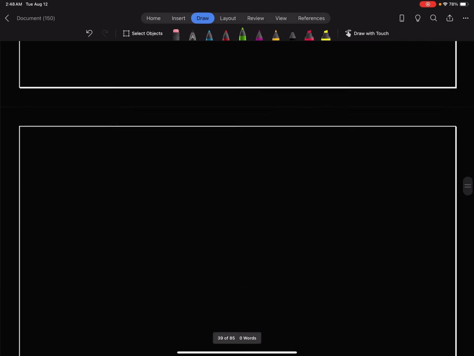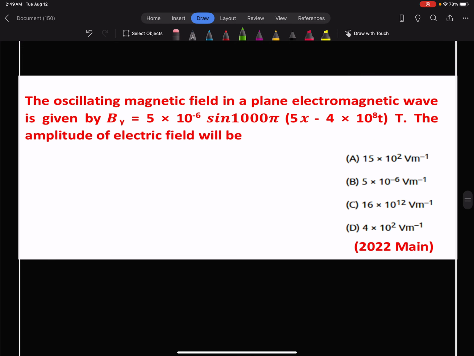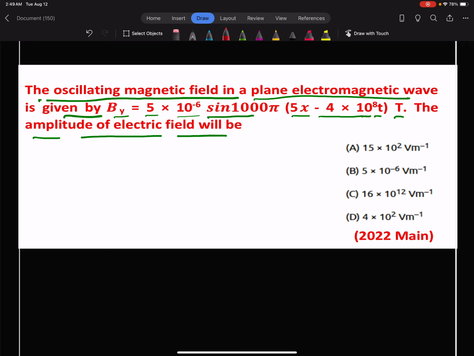Next question. It states that the oscillating magnetic field in a plane EM wave is given by B of y is 5 into 10 to the power minus 6 sine of 1000 pi (5x minus 4 times 10 to the power 8 t) Tesla. The amplitude of the electric field. So this is directly based on the simple formula.